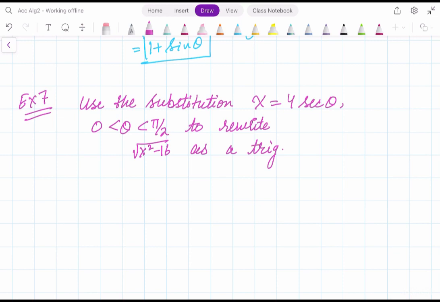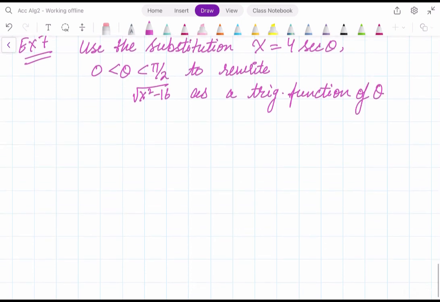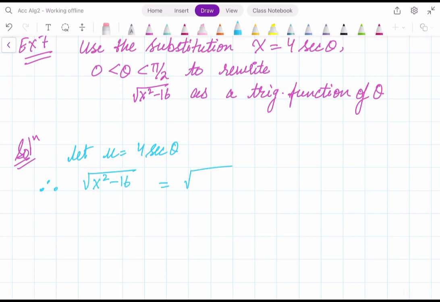It says that x should be replaced by 4 secant theta, right? So let's replace x. If I replace x, that will be radical of 4 secant theta squared minus 16.